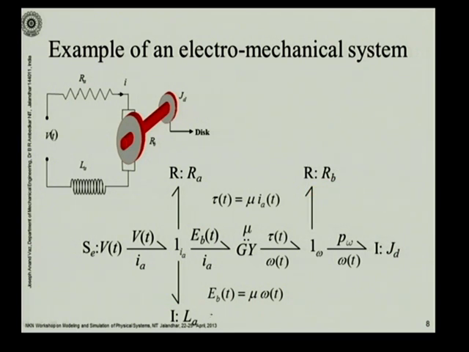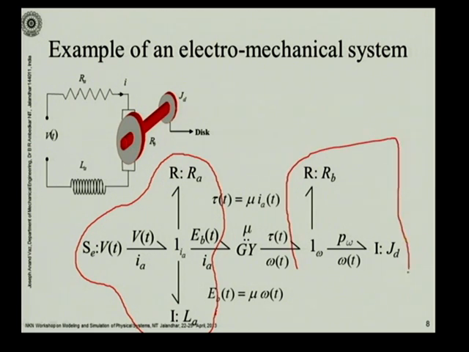So you can see that we have this domain here. This is the electrical domain, and we have the domain here which is the mechanical domain, and here you have the rotary motion of the mechanical domain.